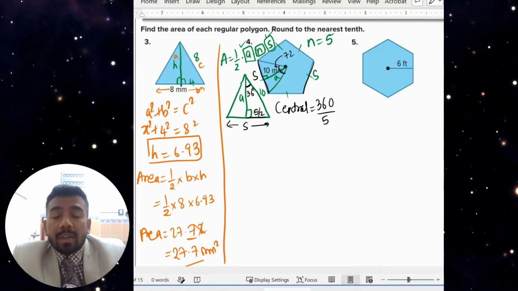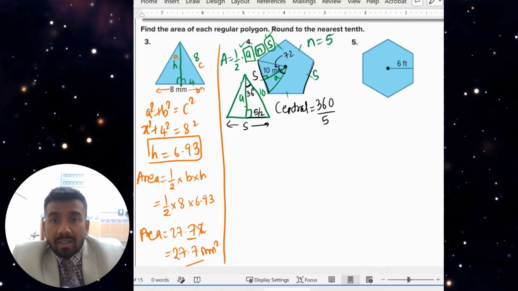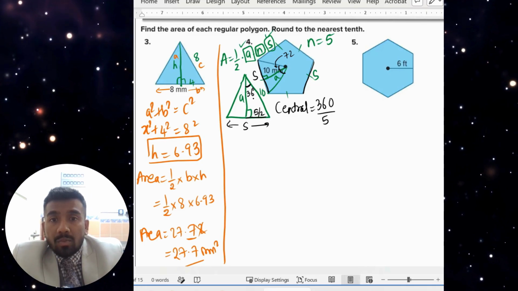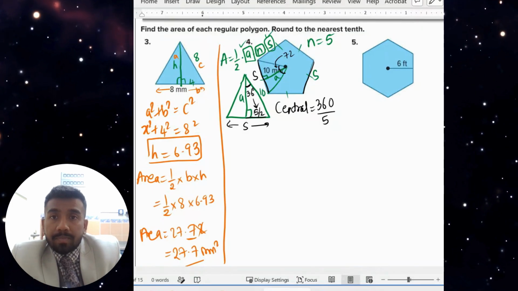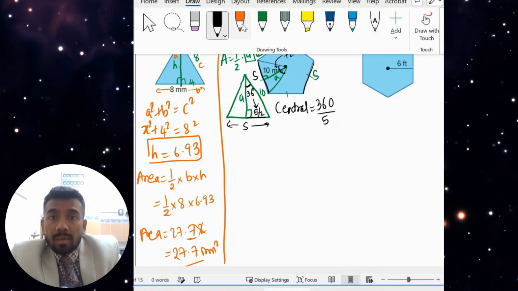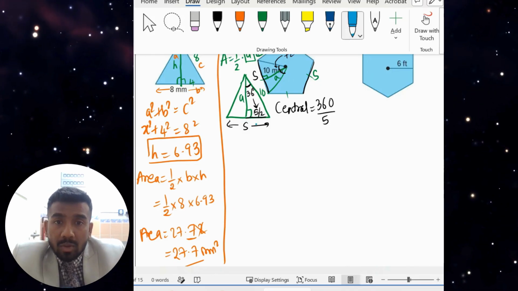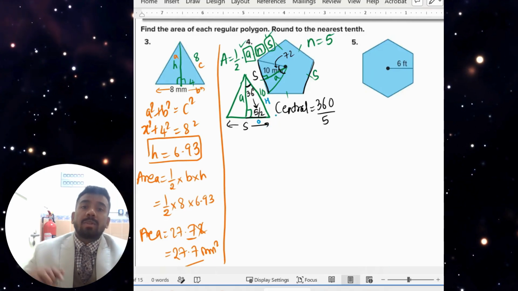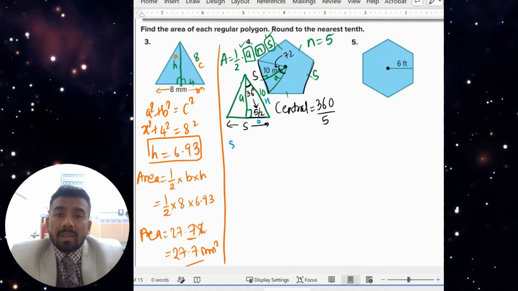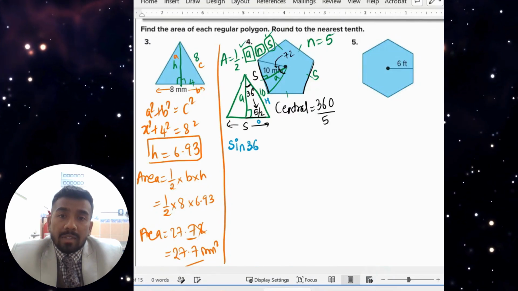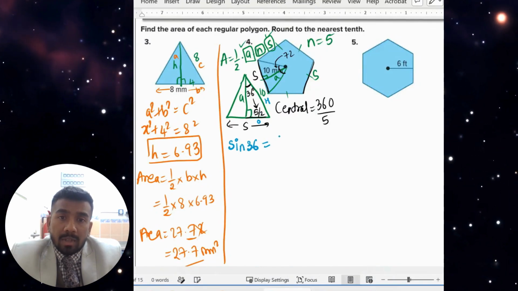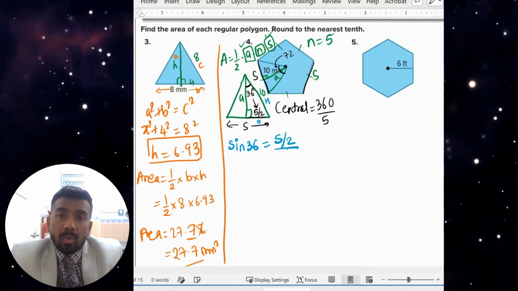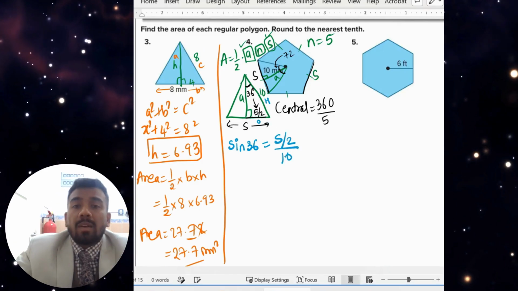Now use the trigonometry. Let's first find S. To find S, what is this? That's your opposite and that's your hypotenuse. So opposite over hypotenuse, which is sine. So sine 36 is opposite, S over 2, over hypotenuse, that's 10. Okay.